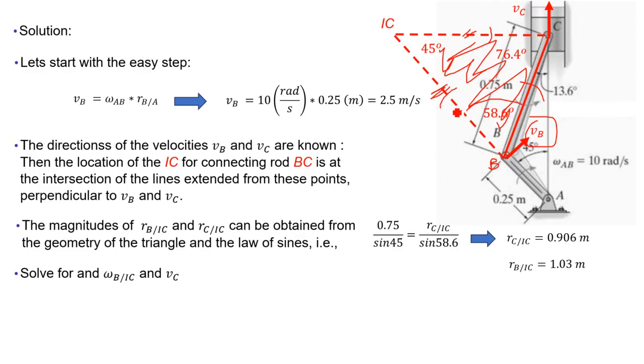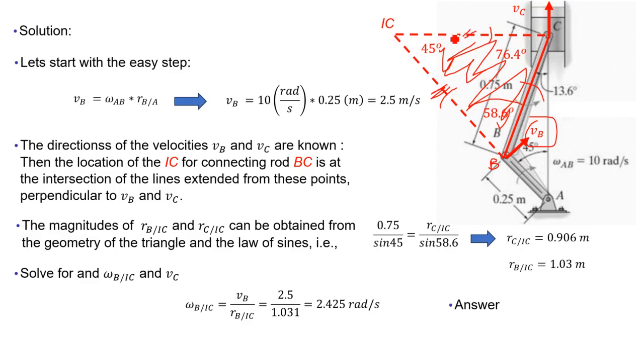So this velocity is going to be equal to the omega of that link multiplied by its length. Or the omega BIC is going to be equal to the velocity divided by the RBIC. Now we know both values, so we can find that the omega is going to be equal to 2.425 radians per second. That will be the first part.